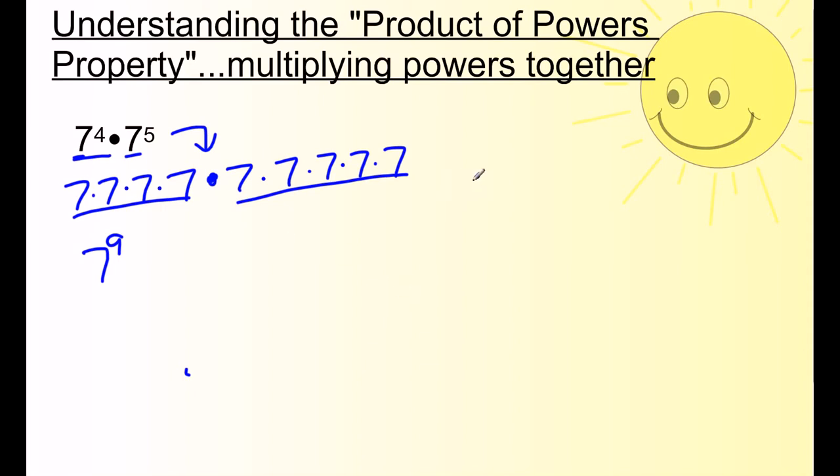The rule basically says if you have two exponents, we'll call it a to the n times a to the m, two powers multiplied together, if the base is the same, you add the exponents. And that's what we did here. The base stayed the same, and we added the 4 plus the 5 and got 9.